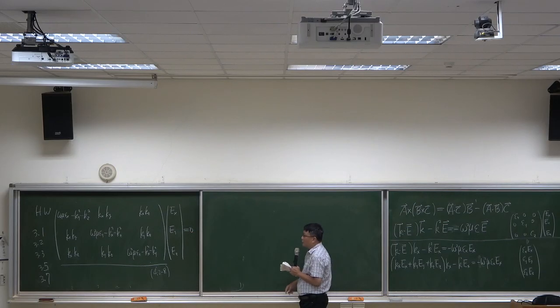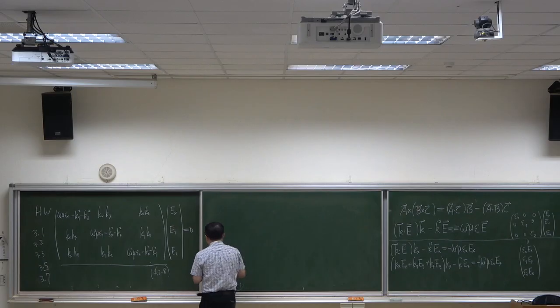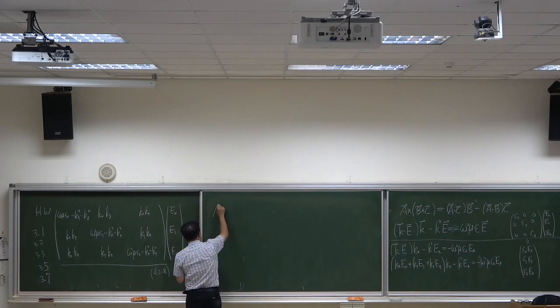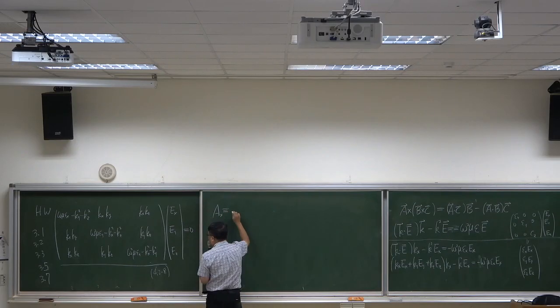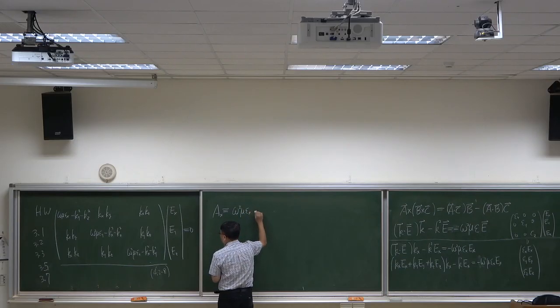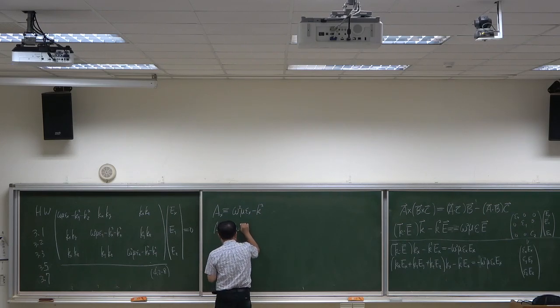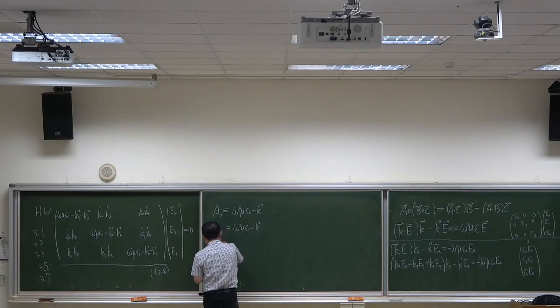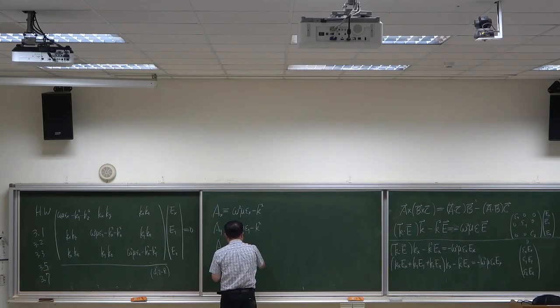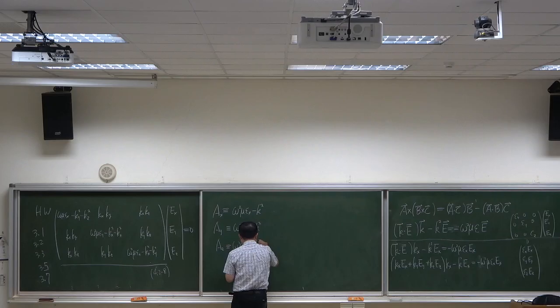So now we try to derive the dispersion relation from the condition that the determinant of this matrix equal to 0. To simplify our derivation, I define three quantities. I define Ax as omega squared mu epsilon x minus k squared, Ay as omega squared mu epsilon y minus k squared, and Az as omega squared mu epsilon z minus k squared.